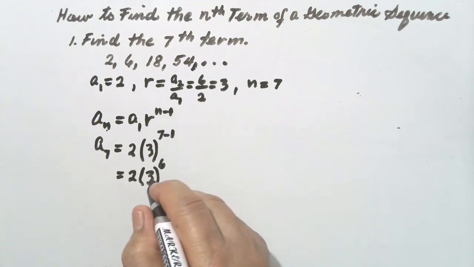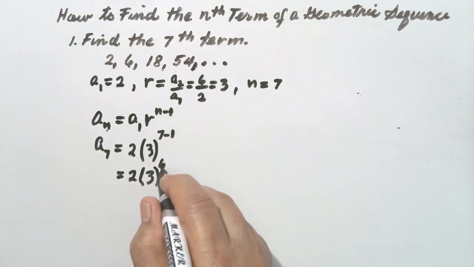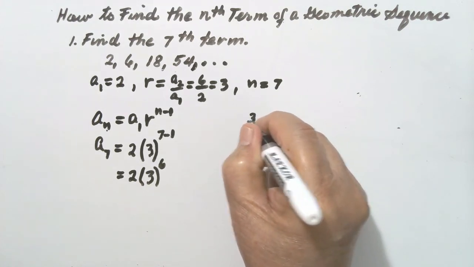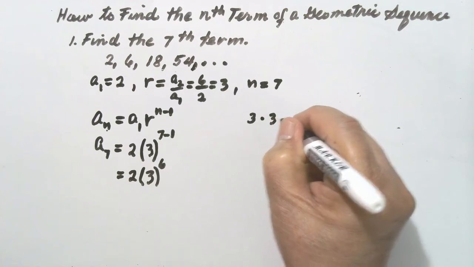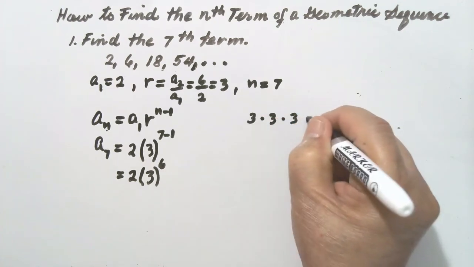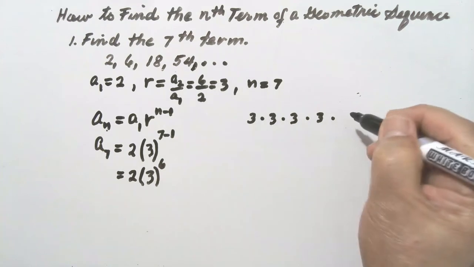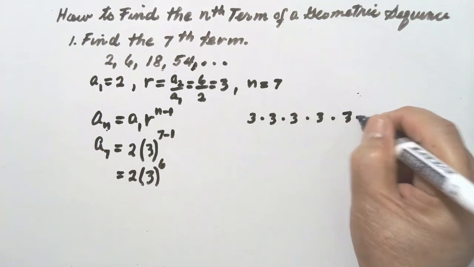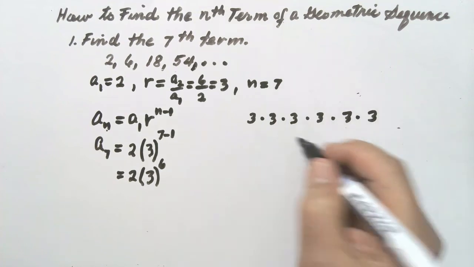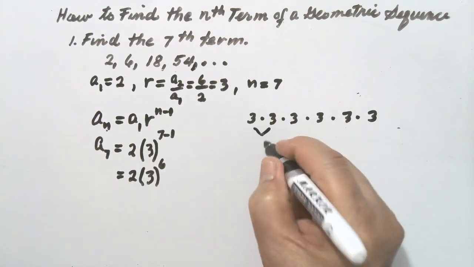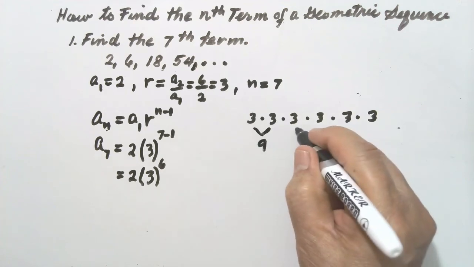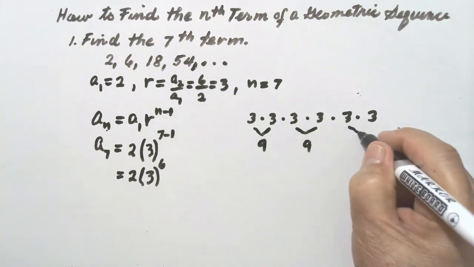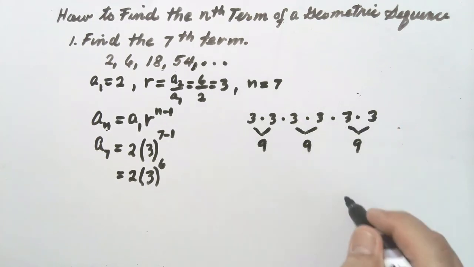This means multiply 3 by itself 6 times. Let's do it here. 3 times 3 times 3 times 3 times 3, 1 more times 3. 3 times 3 is 9. 3 times 3 is 9. 3 times 3 is 9.